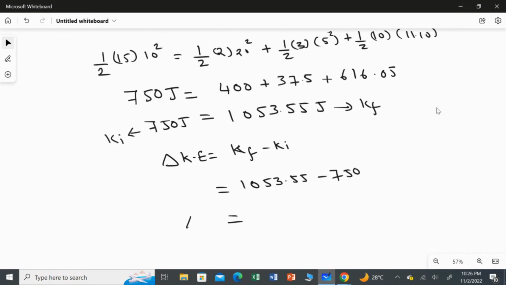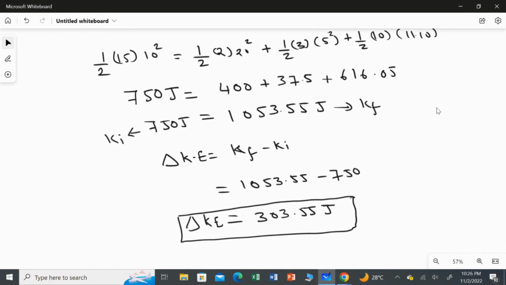What's the answer? I got the answer as 303.55 joules. Clear? So this is the answer for the second part.